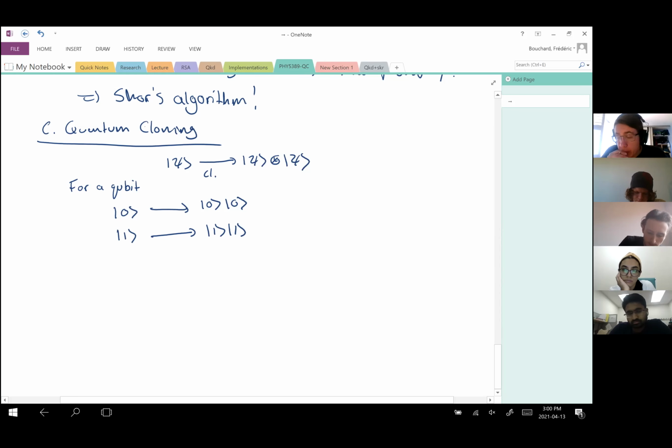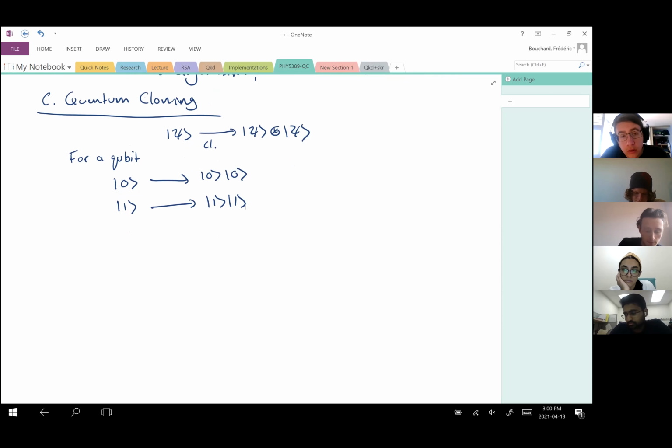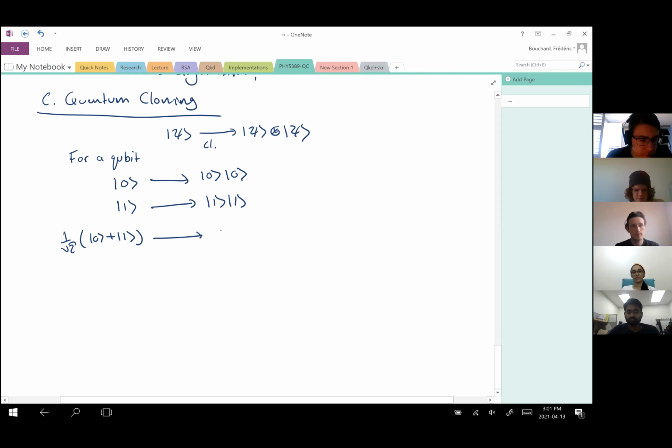By the way, I'm omitting extra ancillary qubits to do this. Okay, but the problem is, whenever you have an operation in quantum mechanics, you need it to be universal, so it has to work in different bases. So we can now consider a superposition basis. Then if we perform cloning, you would get something like that.